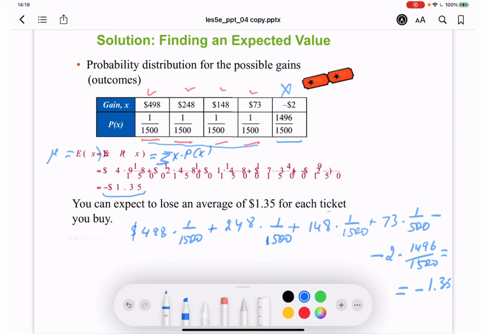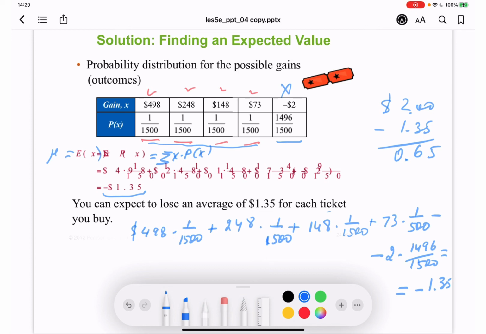What does that mean if you are going to lose $35? Tickets cost $2. If you are going to lose $35, that means the cost of a ticket is going to be how much? 65 cents. Realistically the ticket costs 65 cents. So they are adding $35 and selling at $2. Besides you losing $35, that means the organizer of this lottery is going to walk away getting $35 from your pocket.